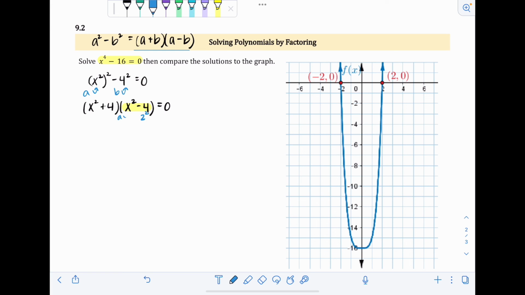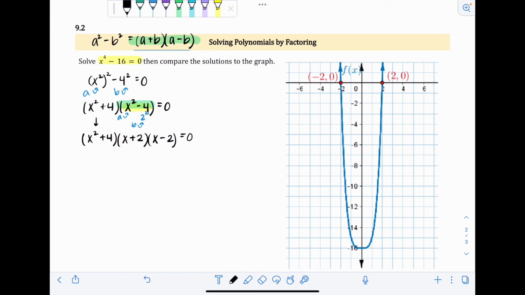So my a would be x, my b would be 2. I would just copy down the x squared plus 4, and then this would become another a plus b, a minus b: x plus 2, x minus 2 equals 0.